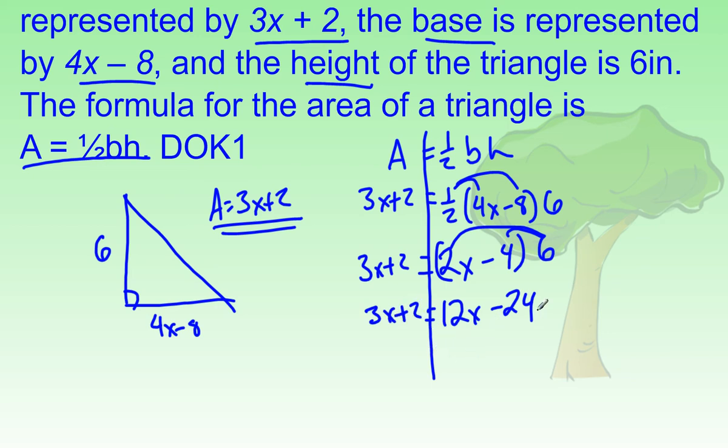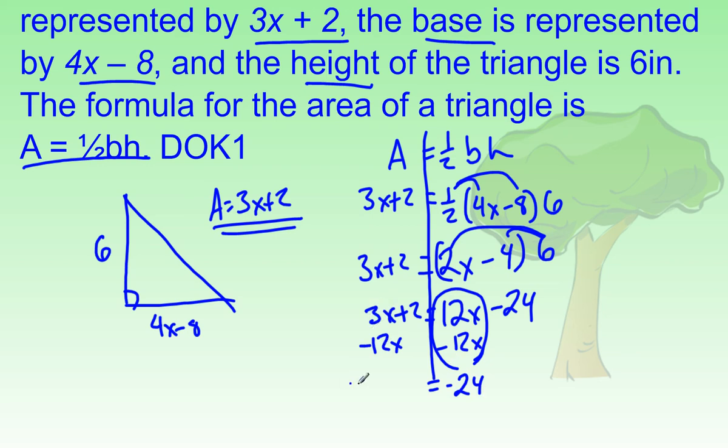All right, now we're cooking on all cylinders. I've got everything simplified. No more parentheses, no more combining like terms. So we're going to subtract 12x, to get rid of the variable on the right. It cancels. Oops, not 24, or negative 24. There we go.